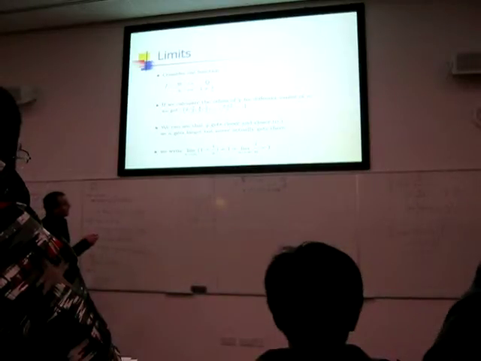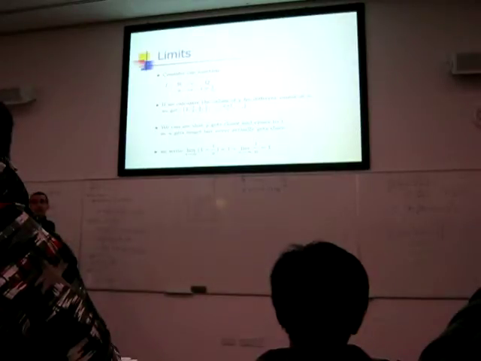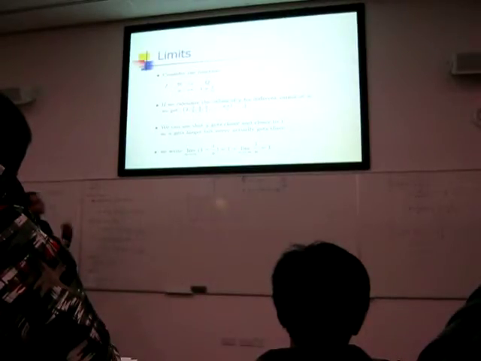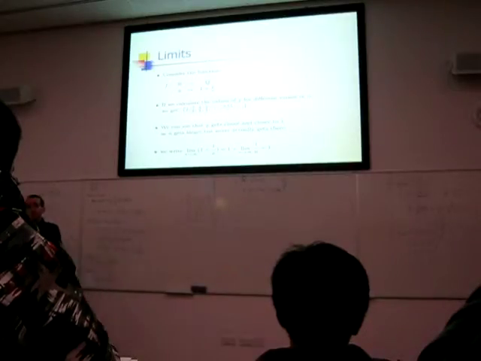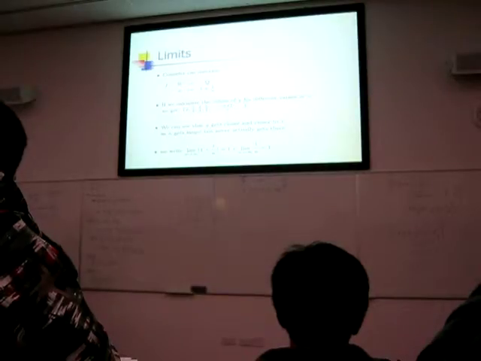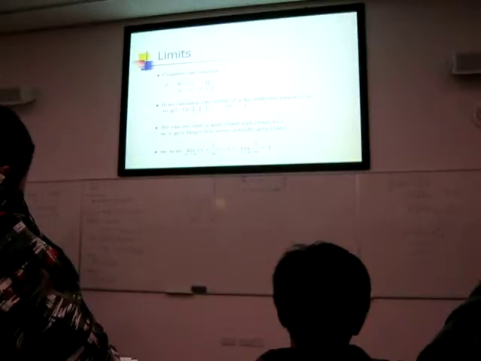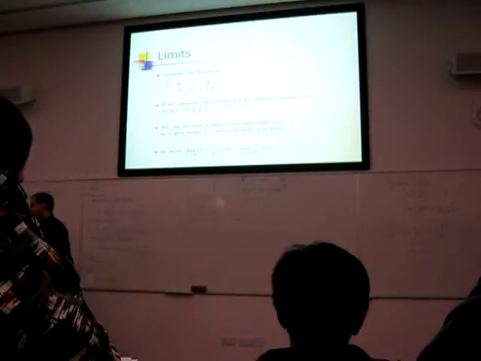The generic term is 1 plus 1 over n. From that we can already see that as n gets bigger and bigger, this thing gets closer and closer to 1. But because it's always 1 plus 1 over n, it never gets there.